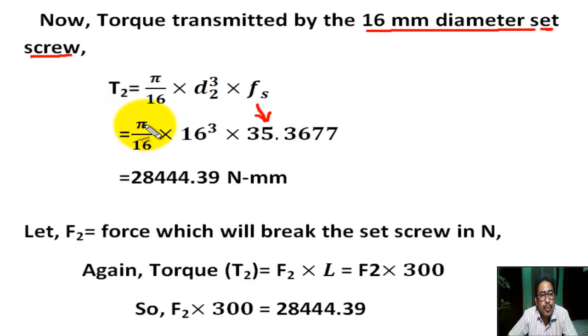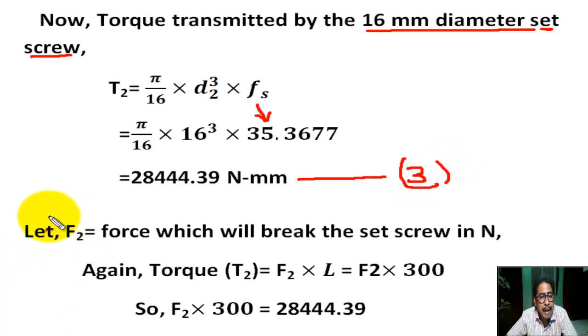So T2 equal to pi by 16 into 16 cube into 35.3677 equal to, by calculation, value of T2 28,439 Newton millimeter. This is equation number 3.